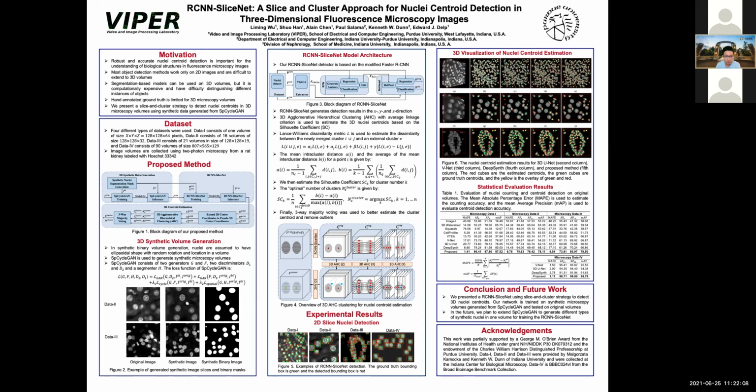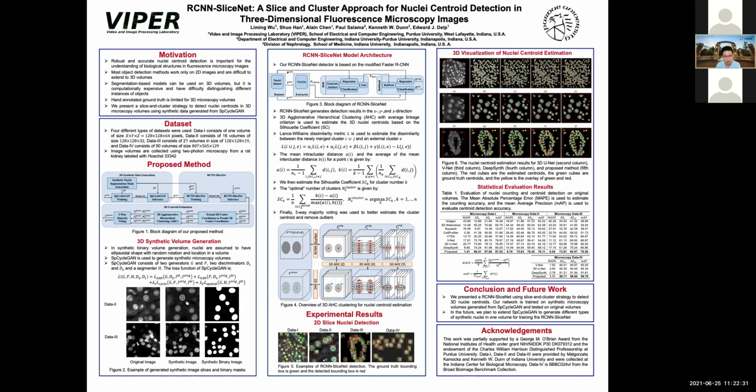As shown in figure 2, this is an example of generated synthetic image slices. The first column has 2 original image slices from data 2 and data 3. And the second column are the synthetic microscopy images generated from the third column.